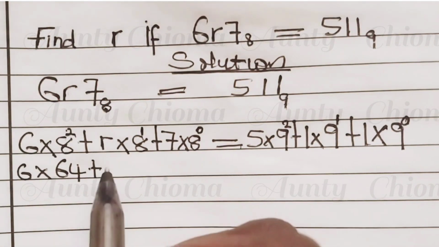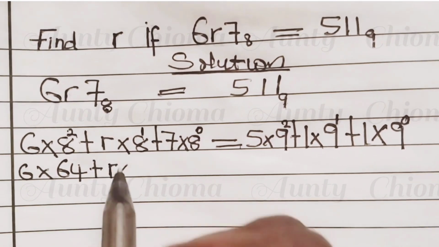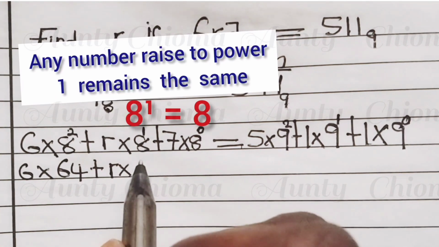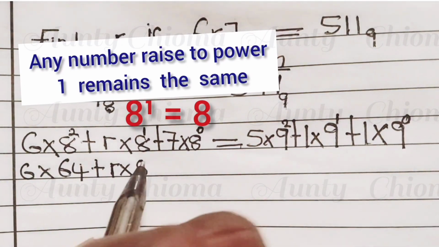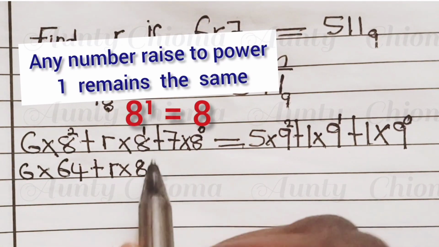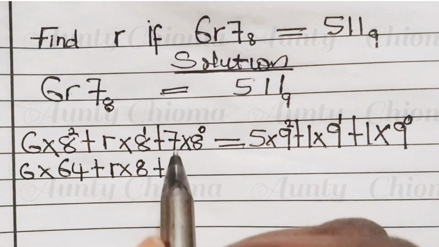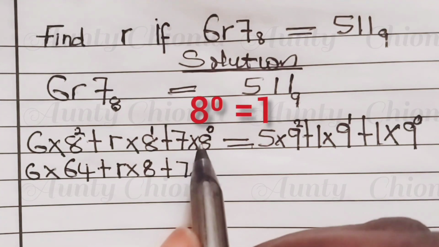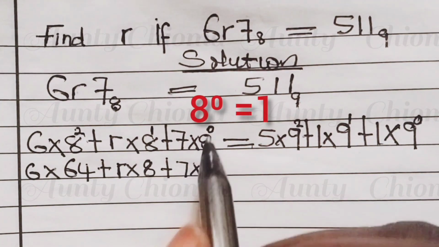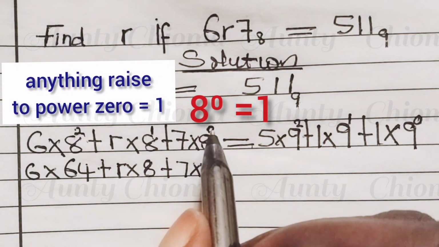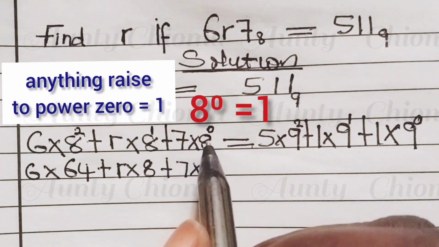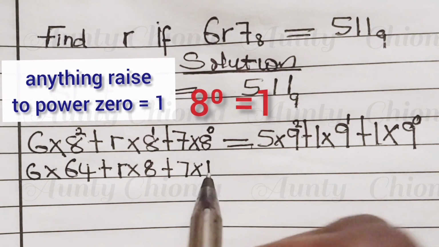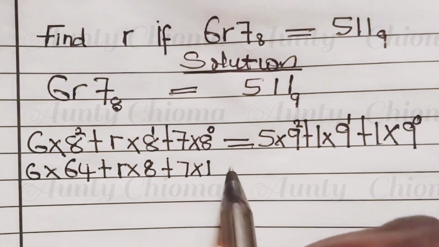Plus, I carry down the R times 8 raised to power 1, which is still 8. Any number raised to power 1 remains the same. Plus I come to 7. I write the 7 times 8 raised to power 0. Anything raised to power 0 is 1. So this one will be 7 times 1.